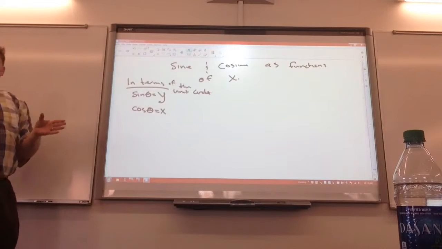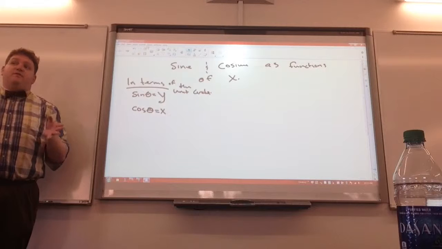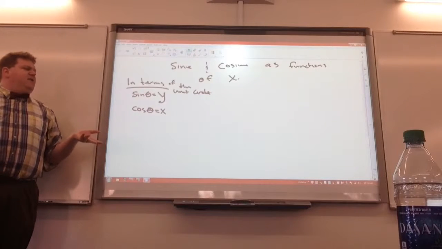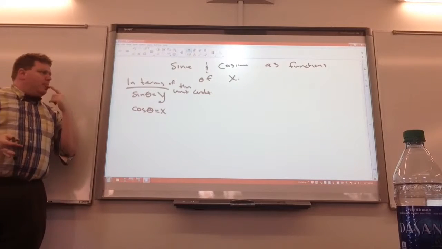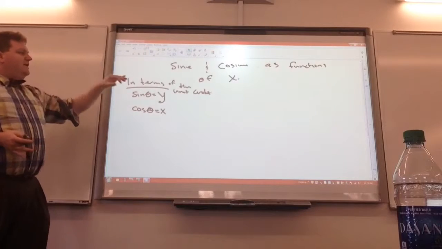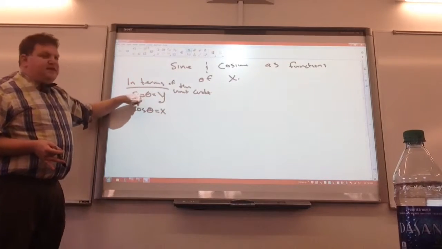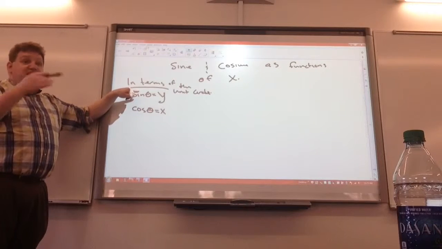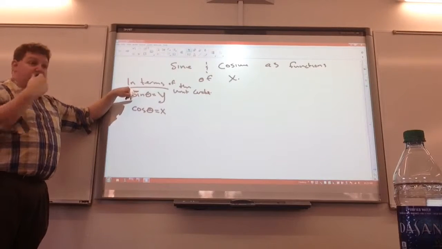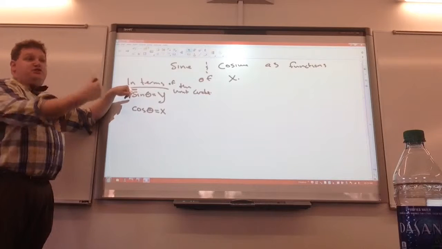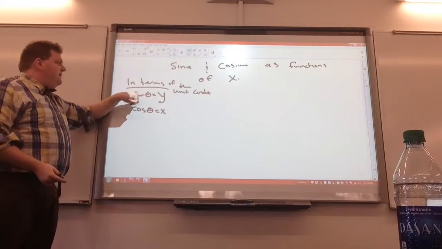Here's the thing that's going to be tricky about this, and it's a part I've seen a lot of people in the past get confused about. Moving forward, we're going to treat the sine and cosine as functions of x. That means theta will be the variable that's changing, the one we get to choose. It's going to be the independent variable.